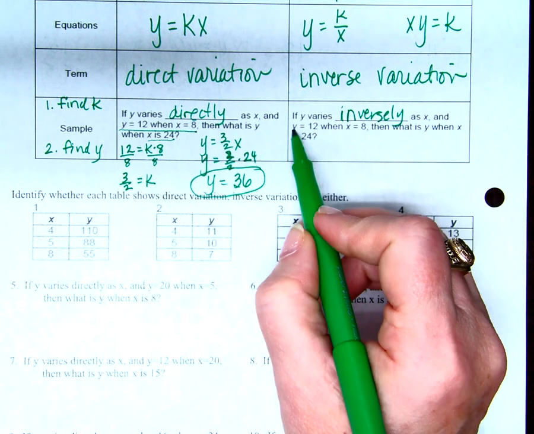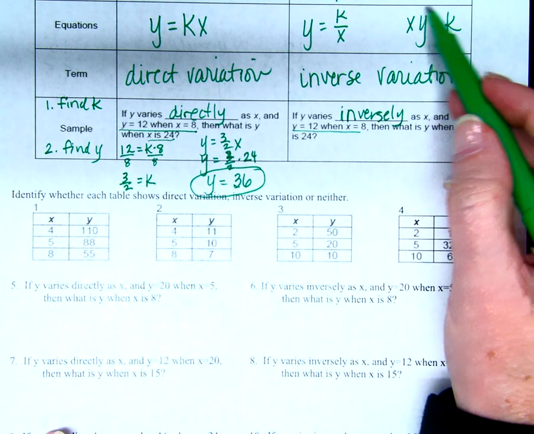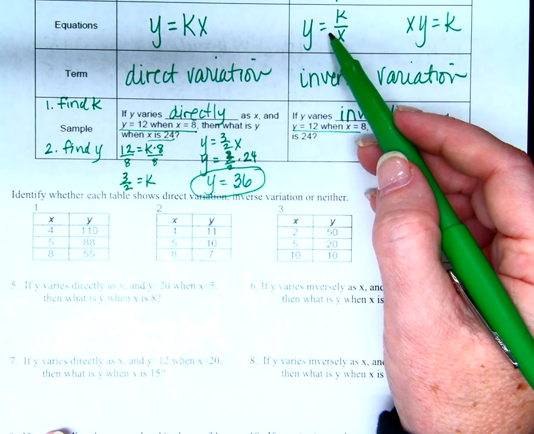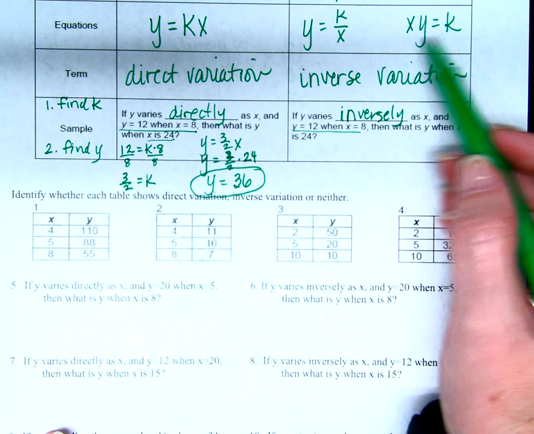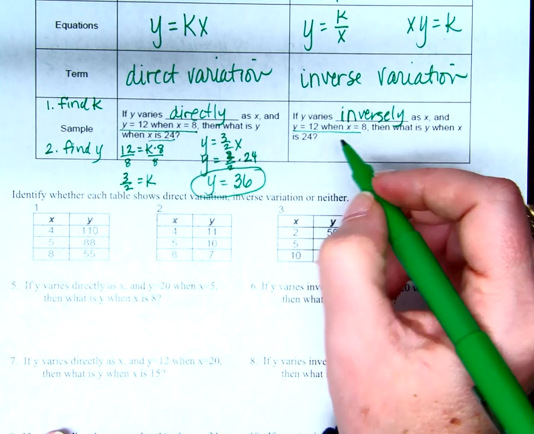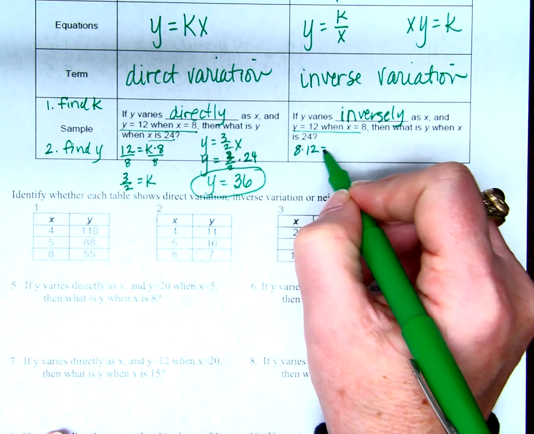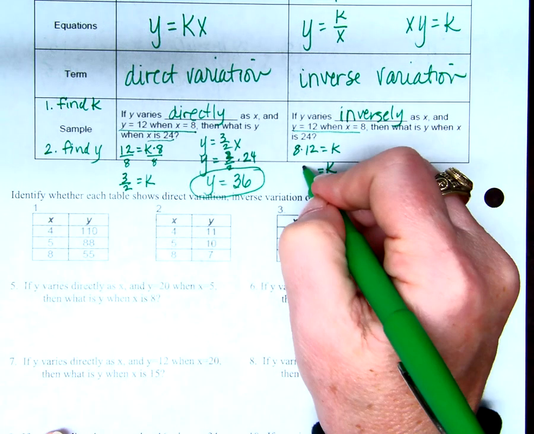Because it tells us x and y. Can you use the other one? Yes, but in order to solve for k, I'm going to have to multiply both sides by x. So x, which is 8, times y, which is 12, equals k. So what does k equal in this problem? 96.